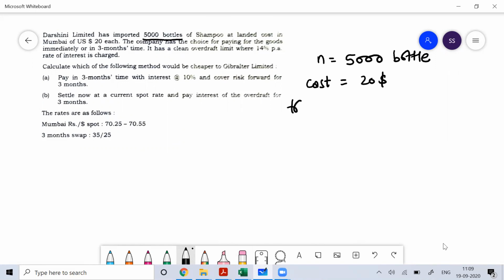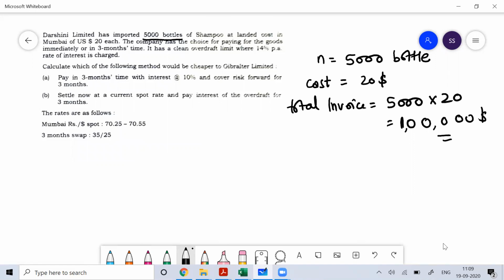So the total invoice is 5,000 into 20. Okay, so 5 twos are 10, and after that if I count the zeros, 1, 2, 3, 4. So $1 lakh is the total commitment for the company to pay.